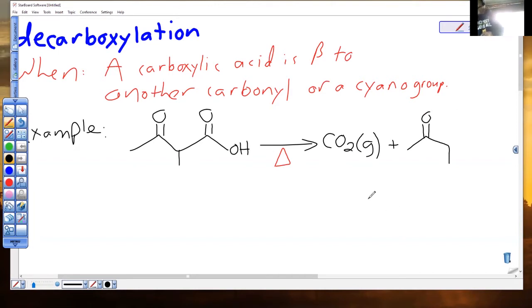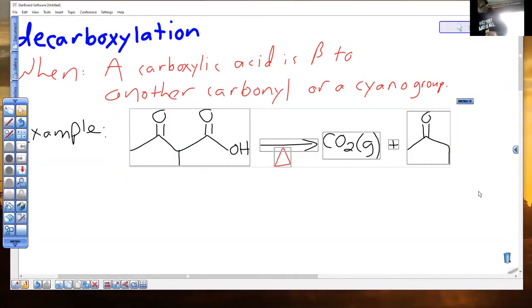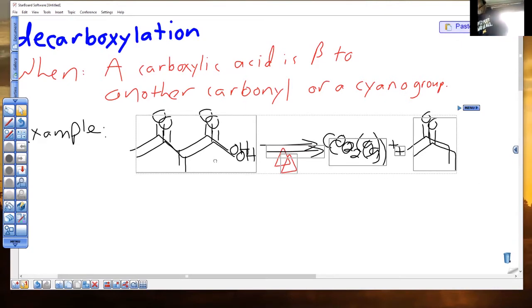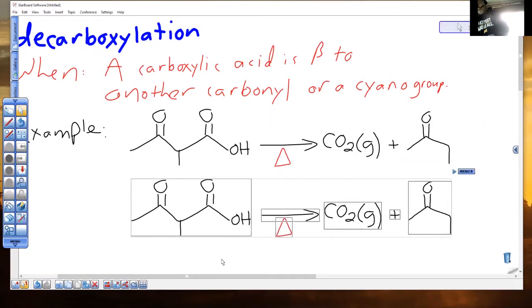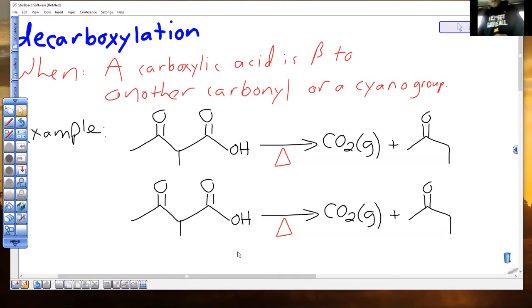And if you think about it, what's happened, just from an elemental perspective, is you've excised carbon dioxide from here, right in here. There's the CO2.